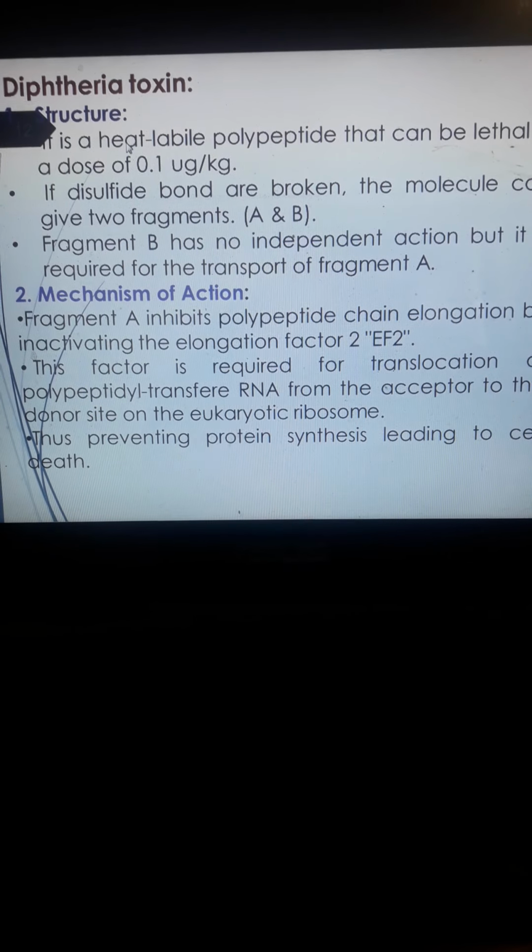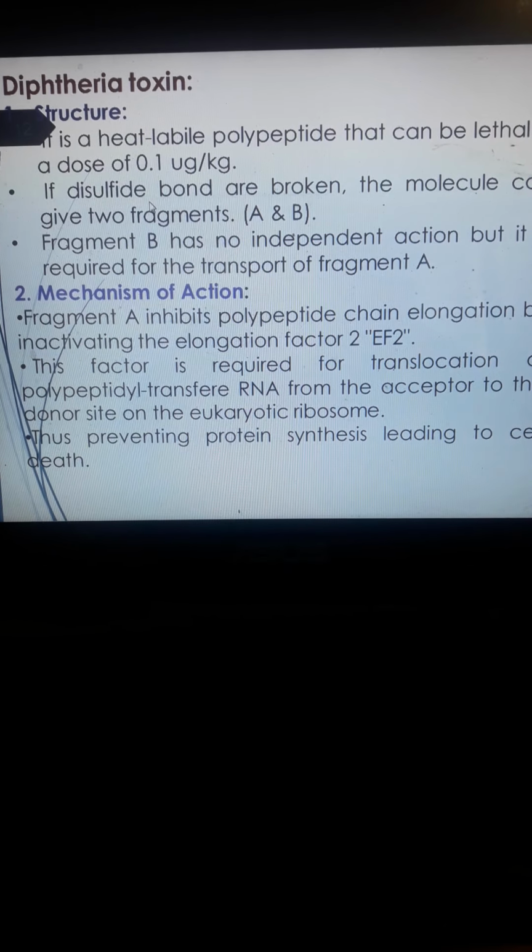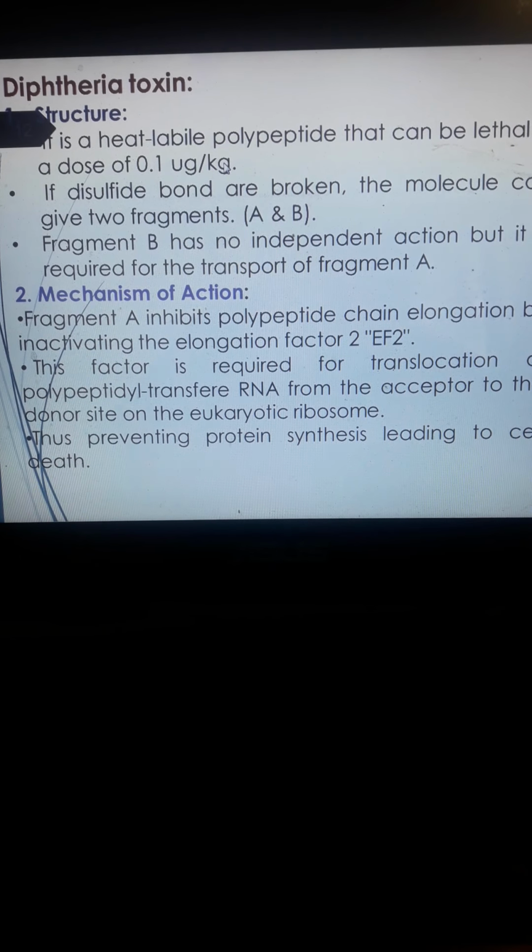So diphtheria toxin. Structure: it is heat labile because the toxin is a protein, a polypeptide. Of course, polypeptide refers to protein, and it can be lethal at a dose of 0.1 microgram per kilogram.